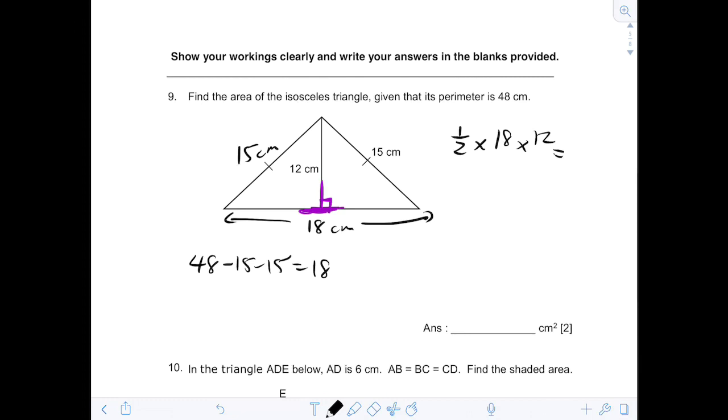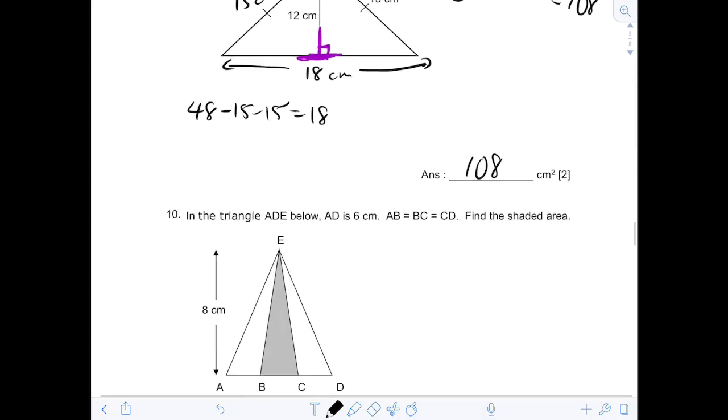You get 108, if I'm not wrong. Okay, did I get it right? 9 times 2 is 18, correct, 108.